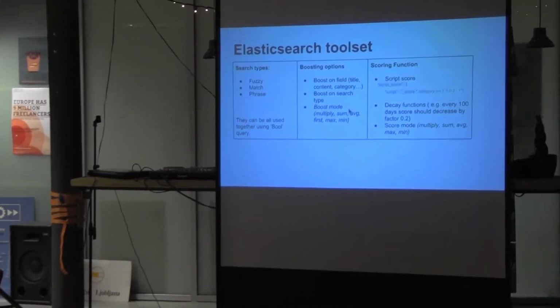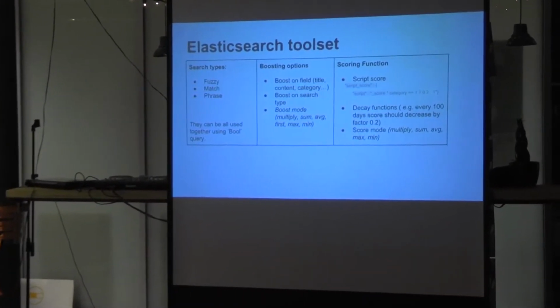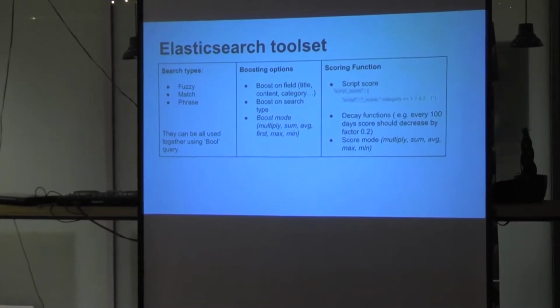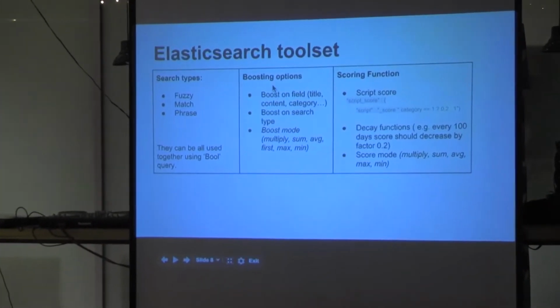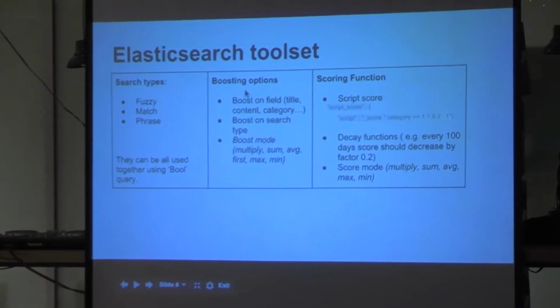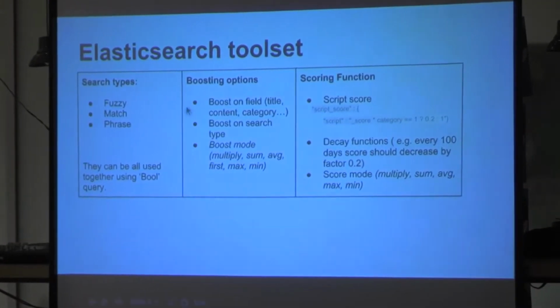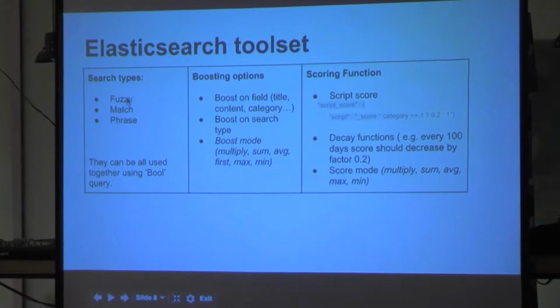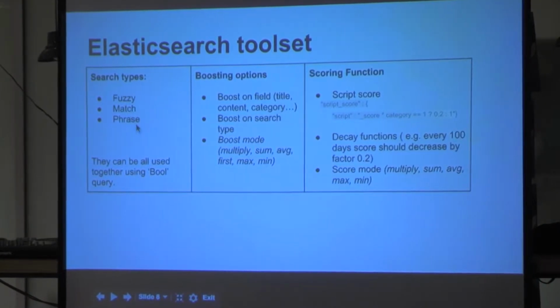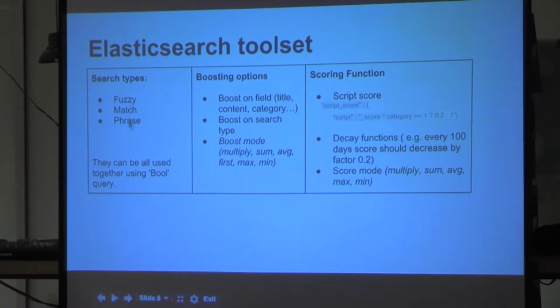You have the syntax, they say a few lines about it. Okay, fuzzy search will do this and this, but you don't have any examples on real data of what will happen if you use fuzzy search or match search or parse search. Those are all different kinds of search that you can do.